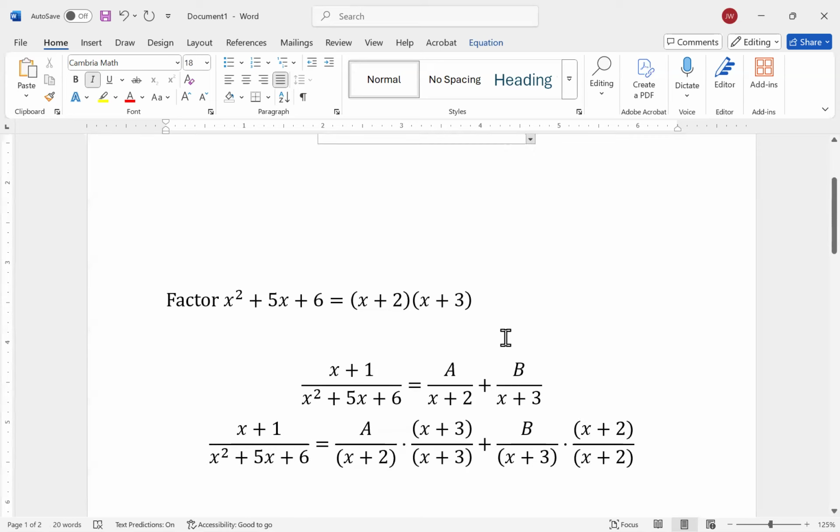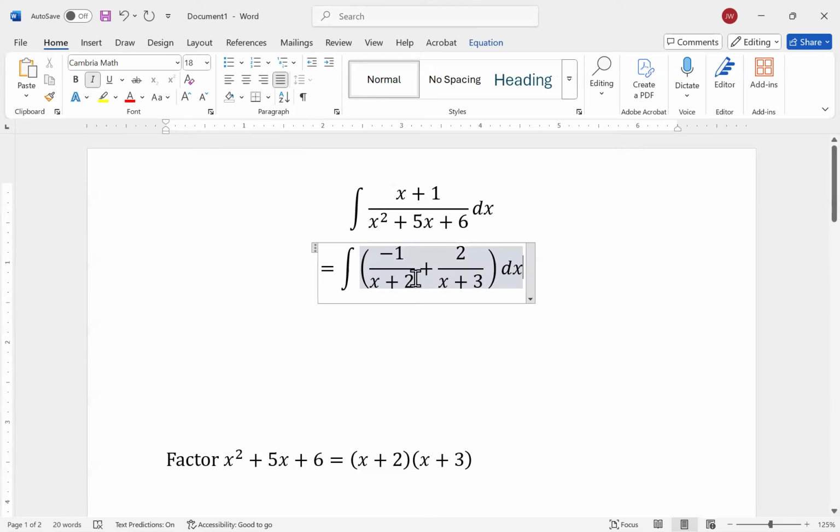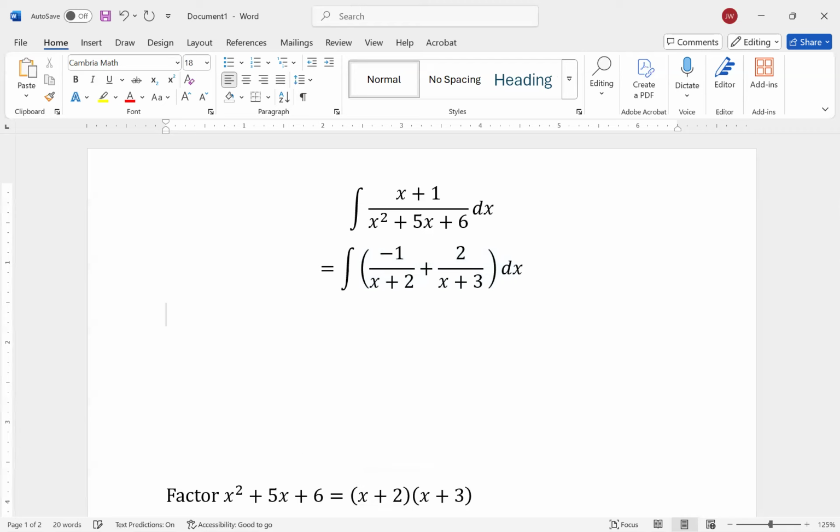So a over x plus 2 plus b over x plus 3. Now we know what the a and b are. And now we have this rational expression rewritten as being identical to one we can integrate nicely.